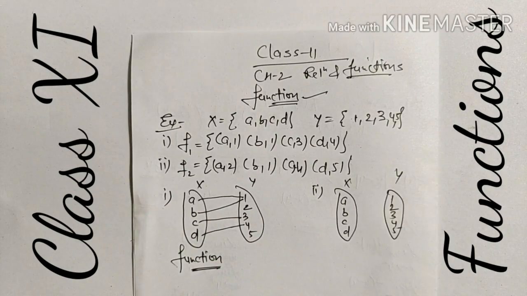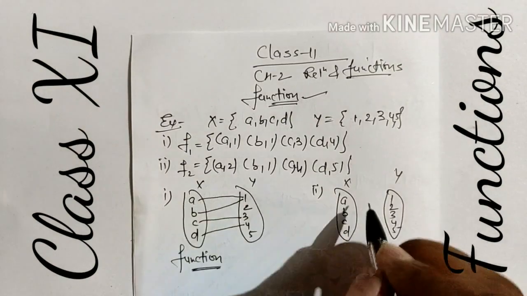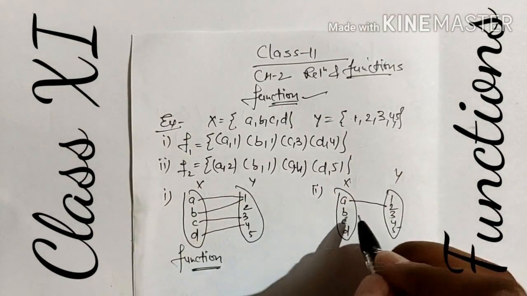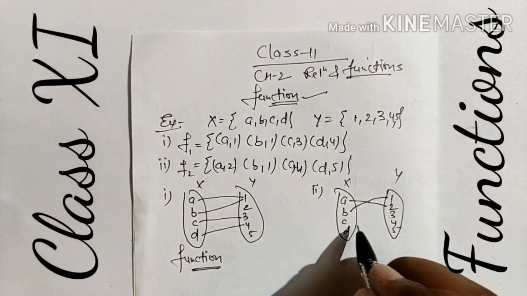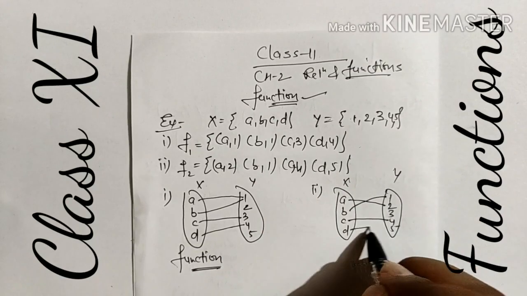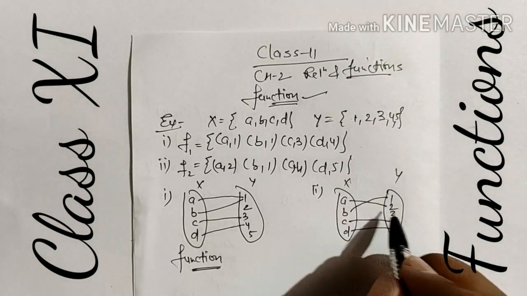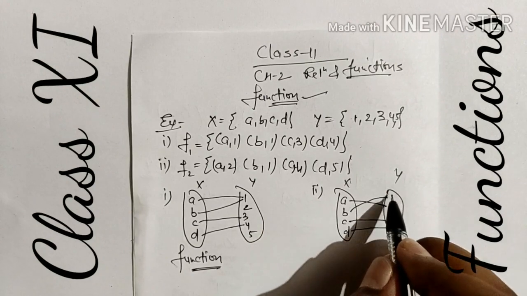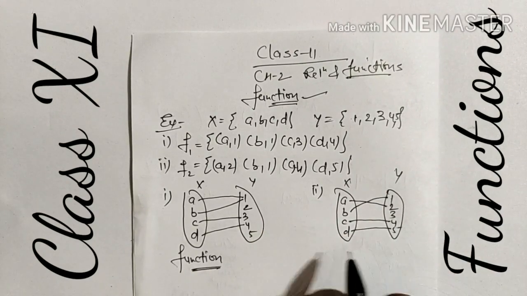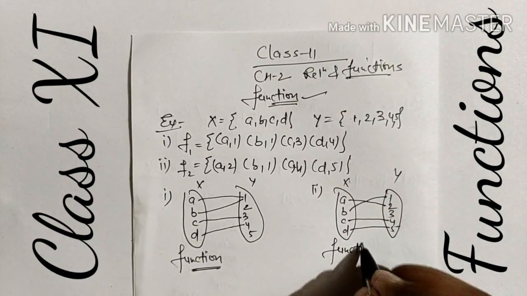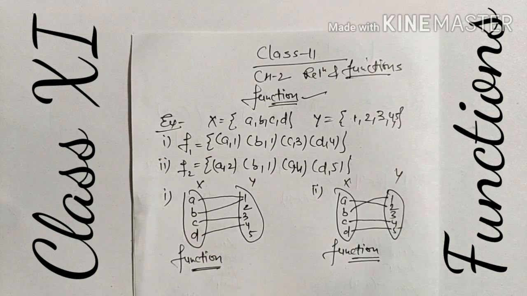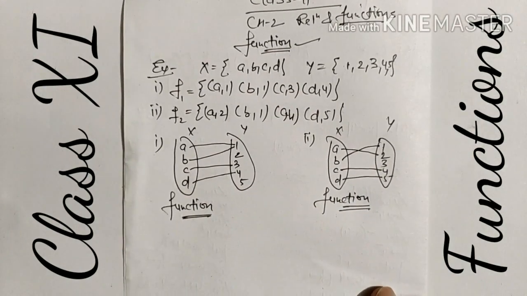This is true. If we see the other part, A is connected with 2, B with 1, C with 4, D with 5. A is connected with 2 only, B with 1 only, C with 4 only, D with 5. So it is also a function. So both of the given relations are functions.